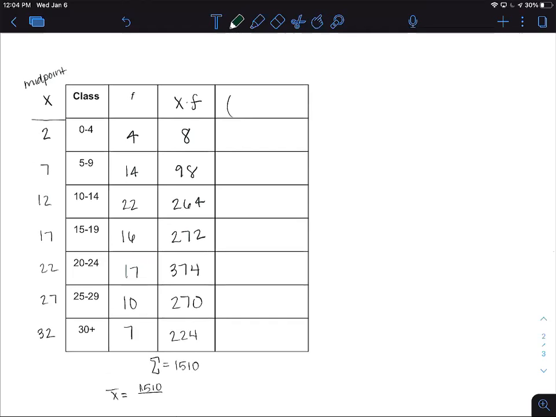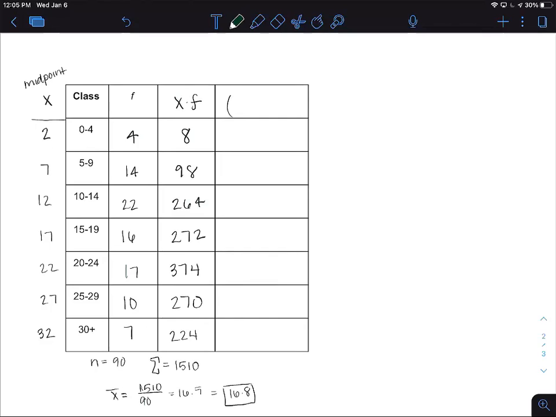And then to find what we need to divide by, remember we need to find our total frequency or our n, which is 90. So 1510 divided by 90 gives us 16.7 repeating, which means our mean would be 16.8.